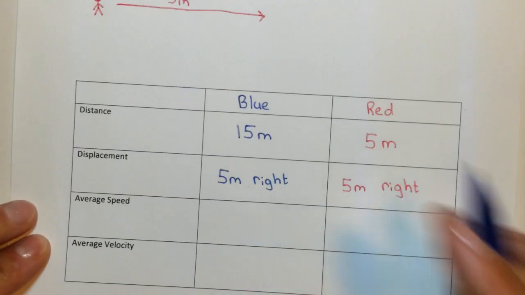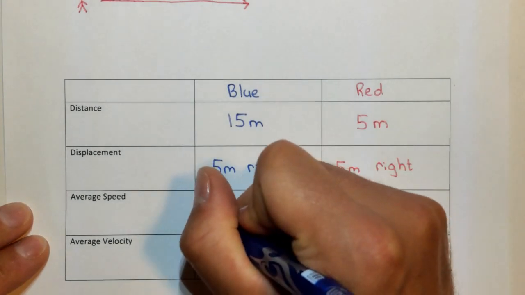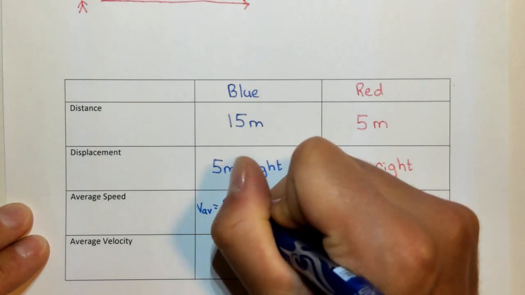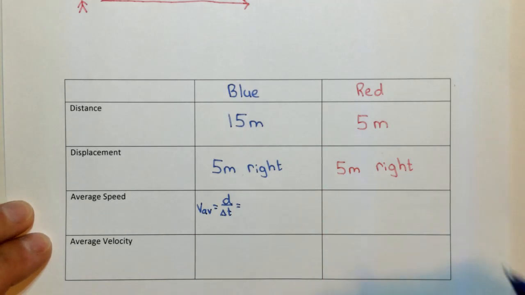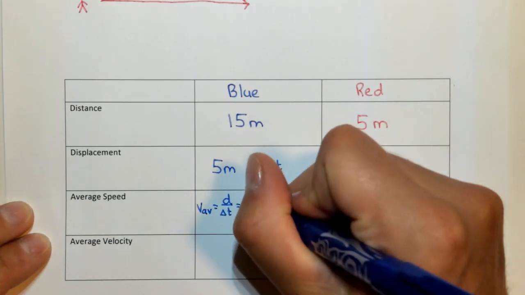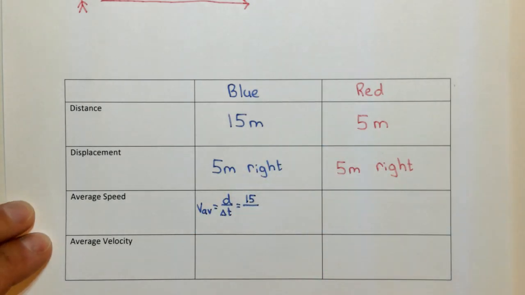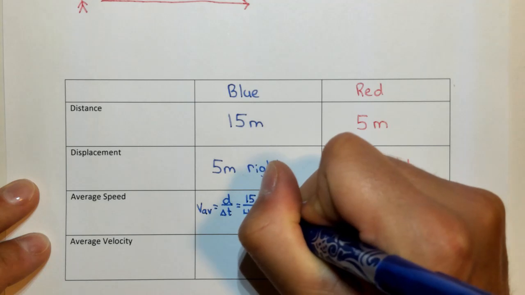So speed, we said, is distance over change in time. Blue's distance was 15, and that's metric base units, so I can plug it in like that. And blue's time was 4.5 seconds.